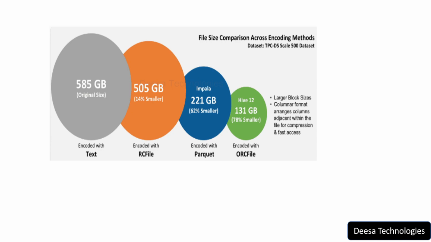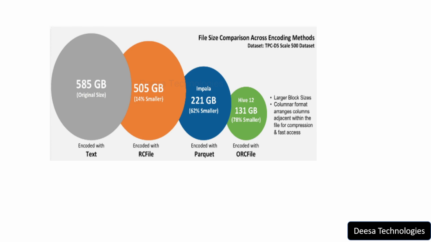This is a very famous picture you will see in almost most of the courses. It gives the file comparison across RC, Parquet, and ORC. As you can see, the original file was 585 GB. With RC, it came down by 14%, but with ORC, it came down to 131 GB. That's huge, right?